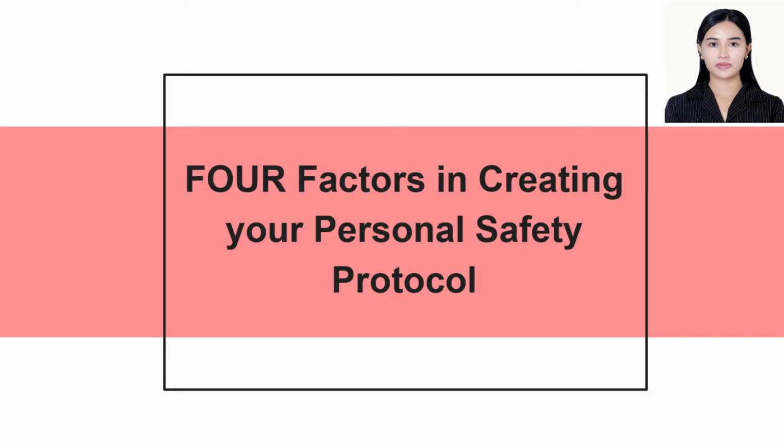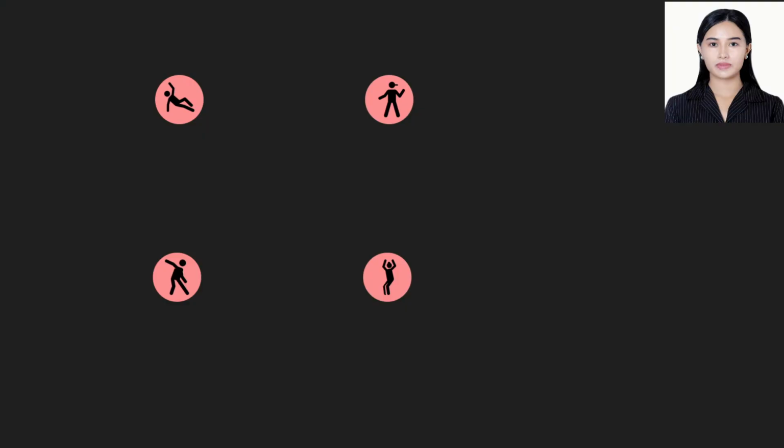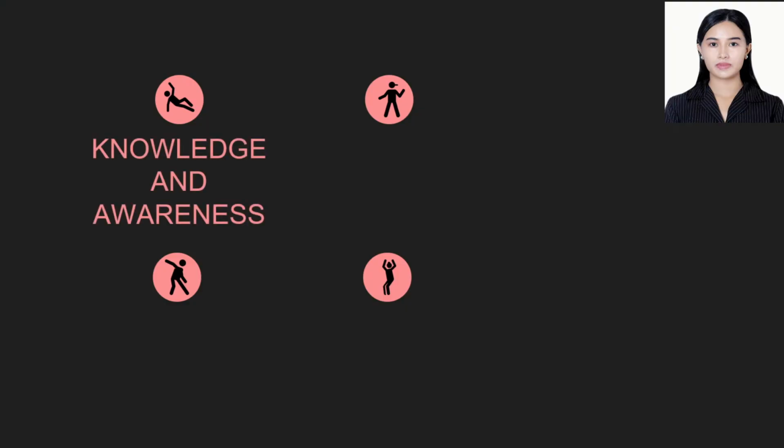First up, we have 4 factors in creating your personal safety protocol. Can you give at least 2? One, we have knowledge and awareness. It is really important to recognize possible harmful situations and identify steps to take to lessen the risks of accidents or incidents.